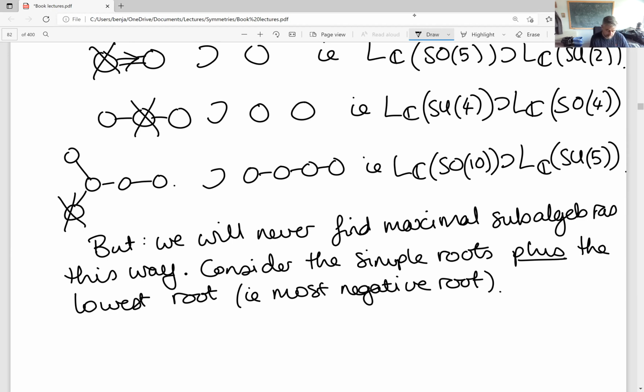So this one is denoted by the same diagram. Usually one uses math notation for these: you use the math notation for the simple root system, without the lowest root, and add a prime. This is sometimes called an affine Lie algebra.